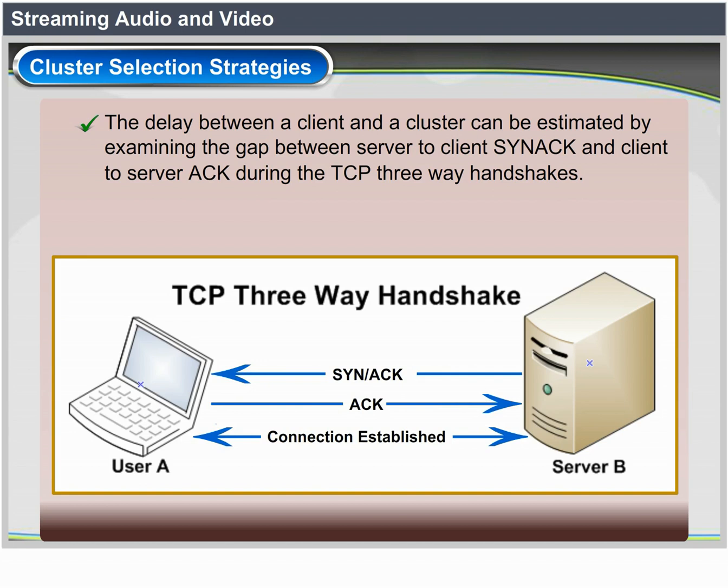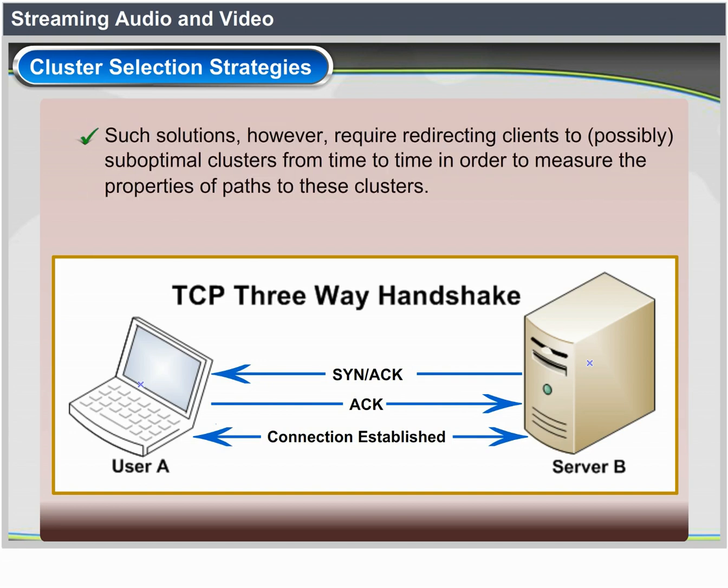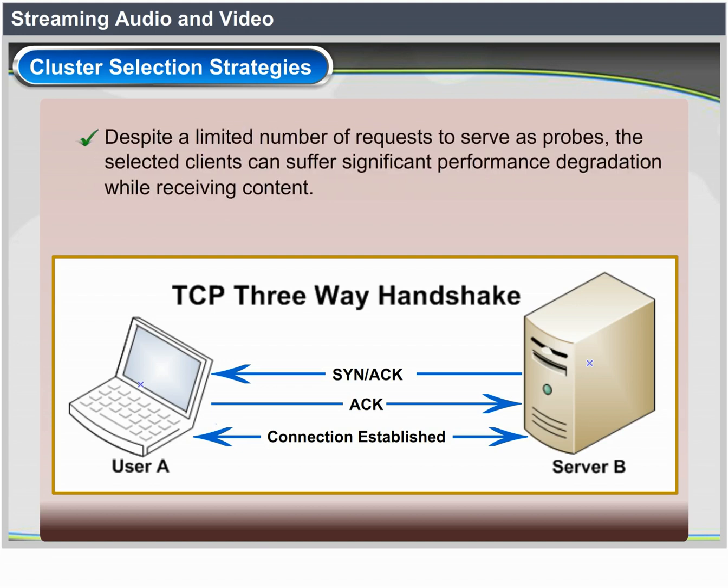Such solutions, however, require redirecting clients to possibly suboptimal clusters from time to time in order to measure the properties of paths to these clusters. Although only a small number of requests need to serve as probes, the selected clients can suffer significant performance degradation when receiving content.